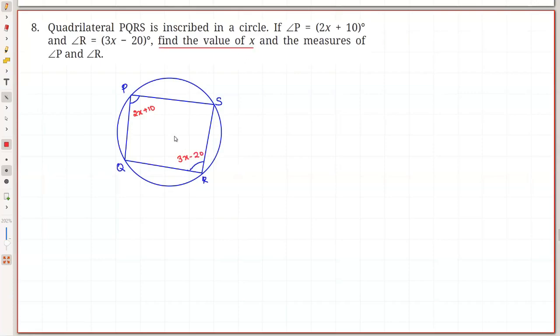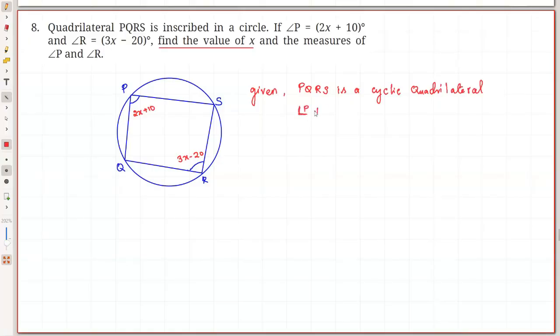We know that in a cyclic quadrilateral, the sum of two opposite angles is equal to 180 degrees. Just equate to 180 degrees and simplify, and you will get the x value. Given PQRS is a cyclic quadrilateral, we know that the sum of two opposite angles is equal to 180 degrees.